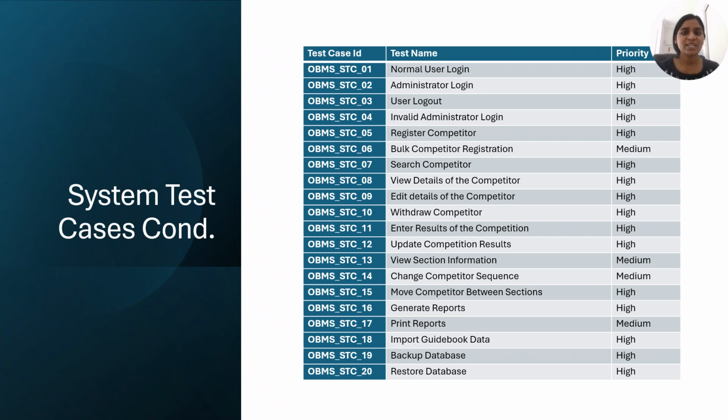Medium priority test cases include support functionalities such as bulk competitor registration, viewing section information, changing competitor sequence, and report printing. Overall, these system test cases were designed to ensure complete end-to-end validation of the online backstage management system and verify that the system behaves correctly under different users and operational scenarios.